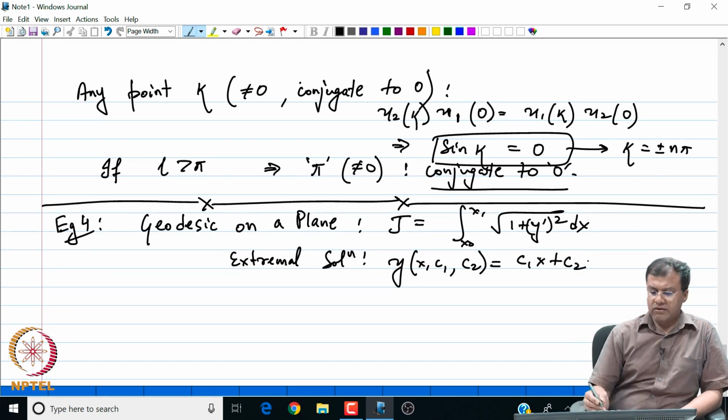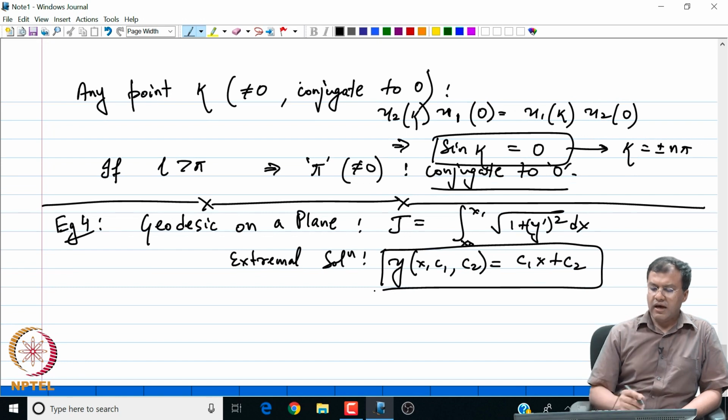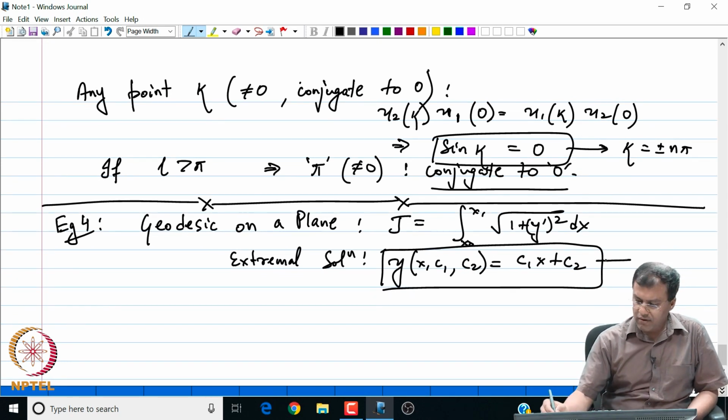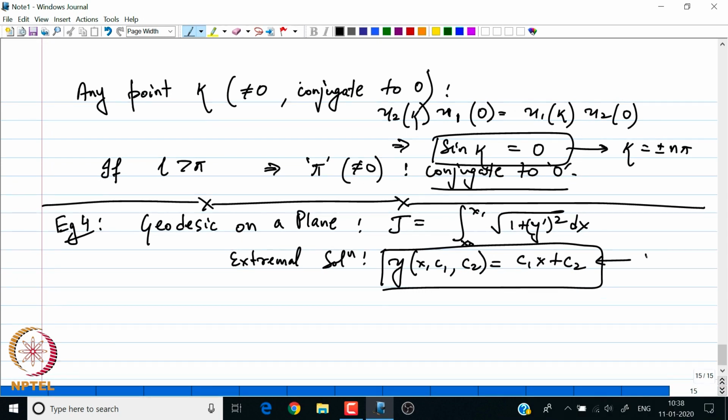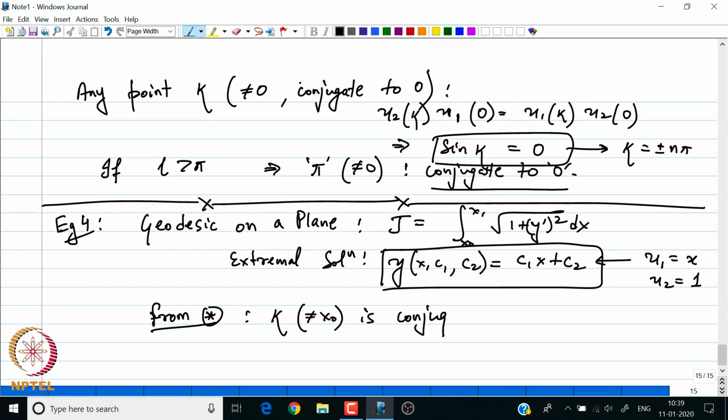So, my extremal solution is of this form. I know that these are straight lines, and I can see that the solution to the Jacobi accessory equation here is u1 equal to x and u2 equal to a constant, let us say 1. So, again if I use my starred condition, let us say kappa not equal to x0 is conjugate to x0.